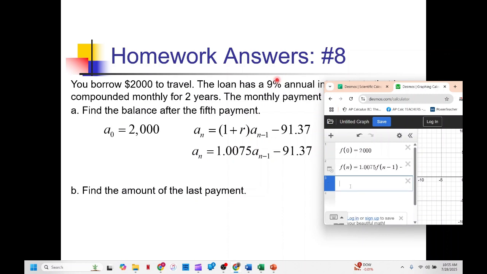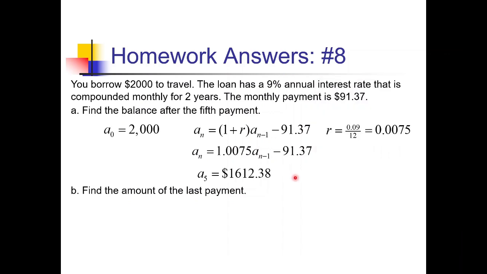Once I've got this in there, I can just do f of 5 to get my fifth payment, and that leaves me with a balance of $1,612.38.